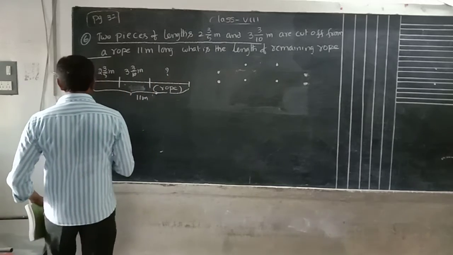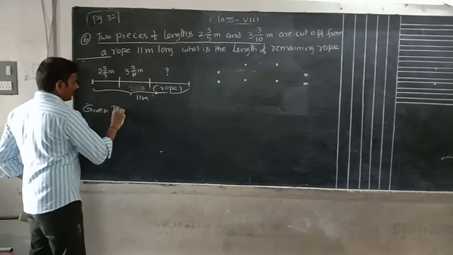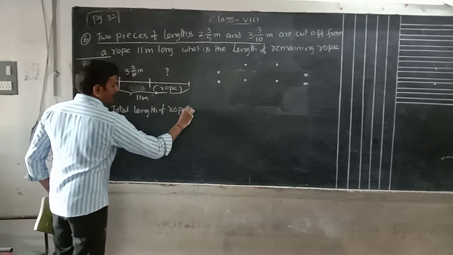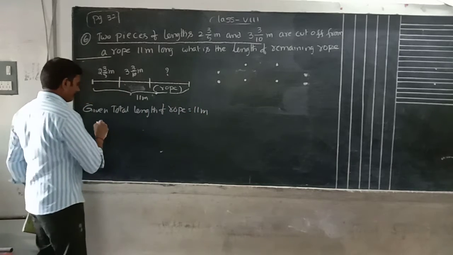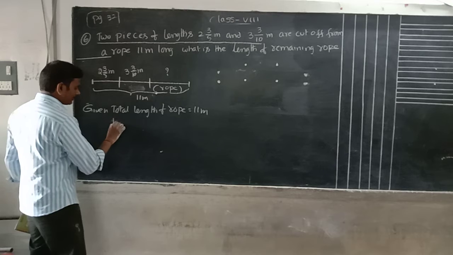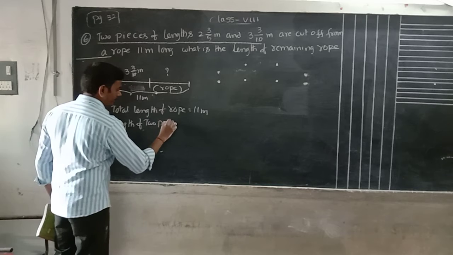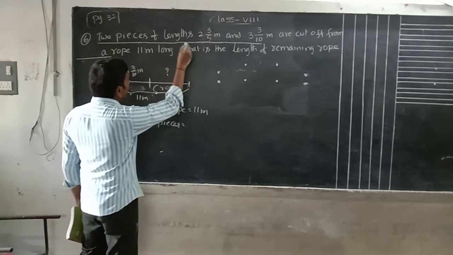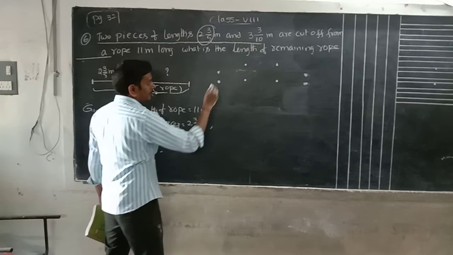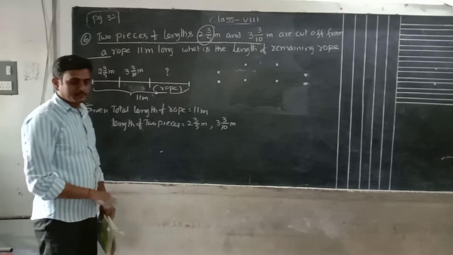Now we will calculate. Given: the total length of the rope is 11 meters. The length of two pieces is 2 3/5 meters and 3/10 meters.